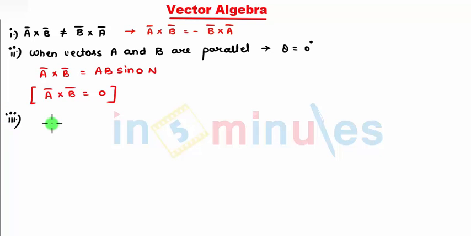Now my third property is, when vectors are orthogonal, or you can say perpendicular. So let's take vectors i, j, k. Now students, you know i, j, k, they follow each other.